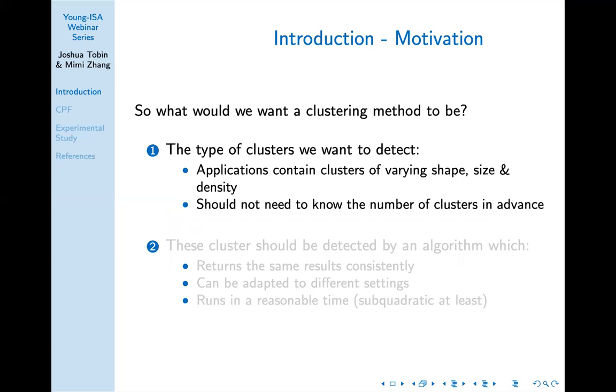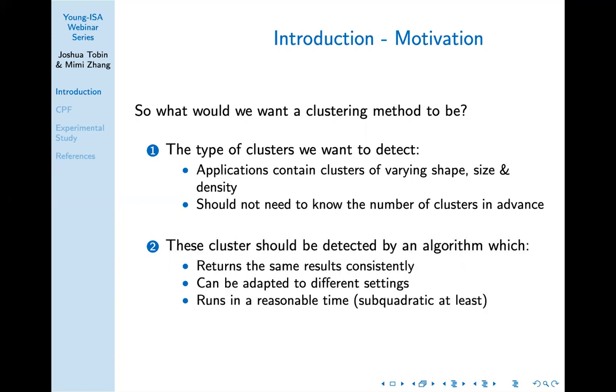And for more exploratory work, needing the number of clusters in advance can be a hindrance. So we'd want to develop a clustering algorithm where we don't need to know K in advance or specify K in advance. For the algorithm which we use to actually detect these clusters, we need it to be consistent, adaptive, and quick, which are the 3 criteria we set out for ourselves.